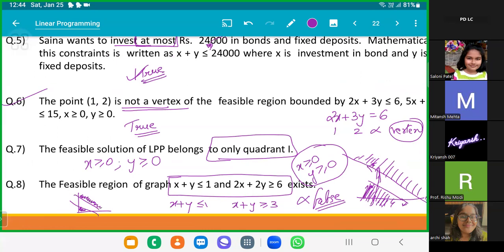But since they have not given you the non-negativity constraint, it means that it can go anywhere outside of this part. Right? Are we clear with this? So the answer in the textbook is wrong, right? Yeah. Your answer will be false in this case.